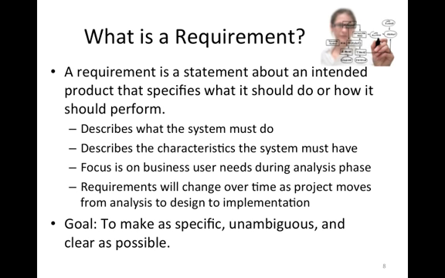And the goal is to make it as specific, unambiguous, and clear as possible. It is a given that requirements will change over time as the project moves forward. And so the more clearly we can have described it, the more easily we can find the things that need to change and can see in advance what is going on.